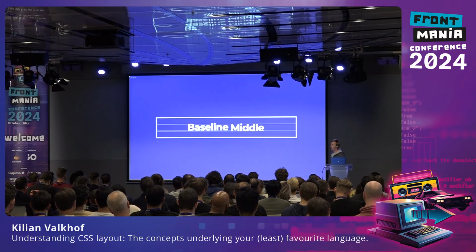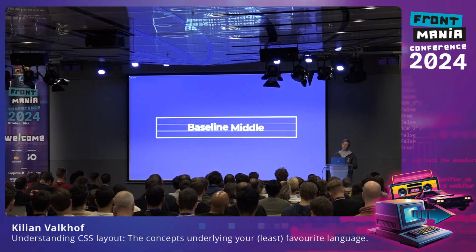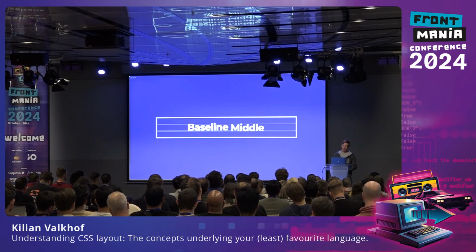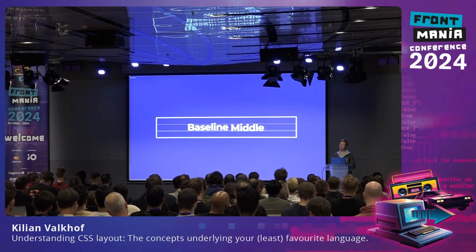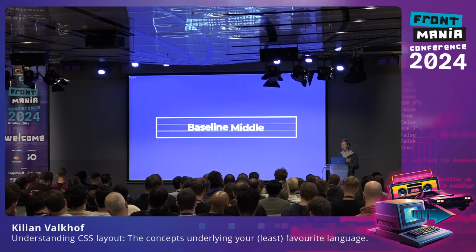If you look very closely at middle, you see that it's not actually in the middle, and it's also not actually on the baseline. And that's because middle has this very weird formula that's calculated from a combination of the font metrics and the line height.